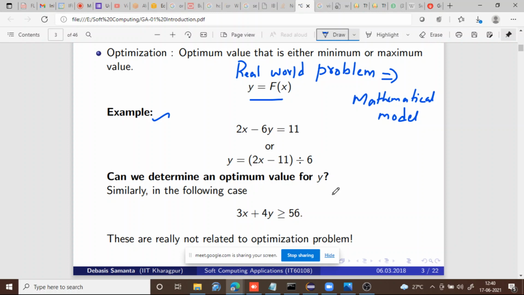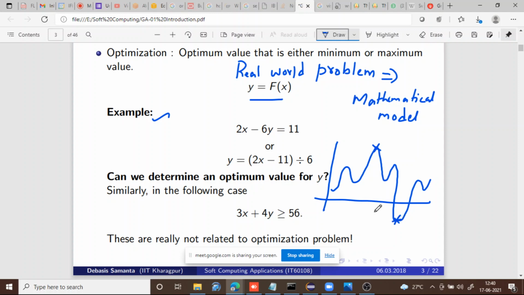For an optimization problem, there will be some maximum point and there will be some minimum point. So if you draw it as a graph, it may be something like this. If it is like this, then you can say that this is the maximum point and this is the minimum point.